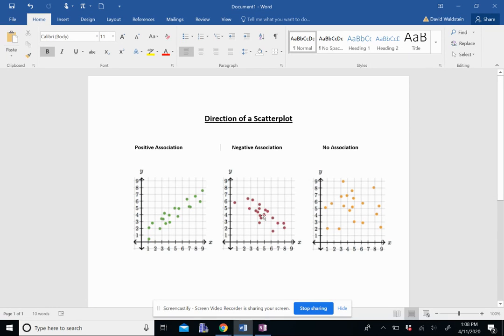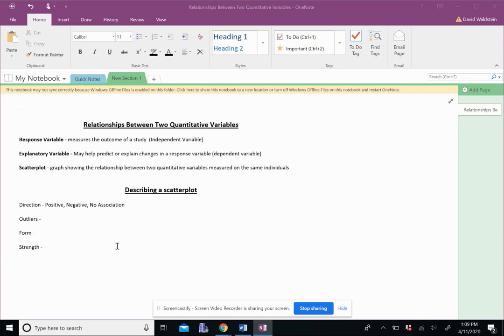So this is a negative association for our direction. And here, it seems completely arbitrary, so this would be no association. So these would be our three different ways of describing the direction of a scatter plot.